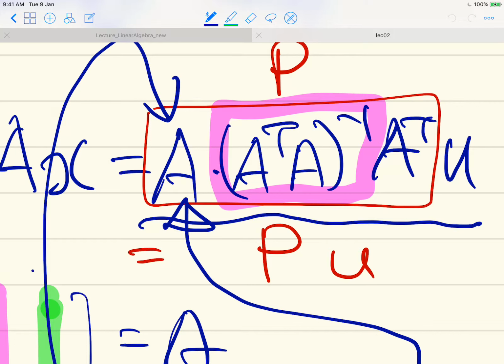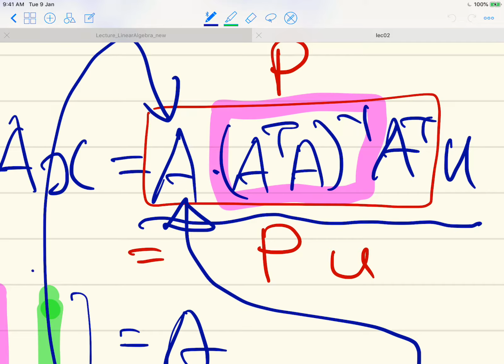So again, the situation is, for example, A is a 3 by 3 matrix that has linearly independent columns. A is 3 by 3, which is a square matrix, right? And A has 3 linearly independent columns. What does that mean?